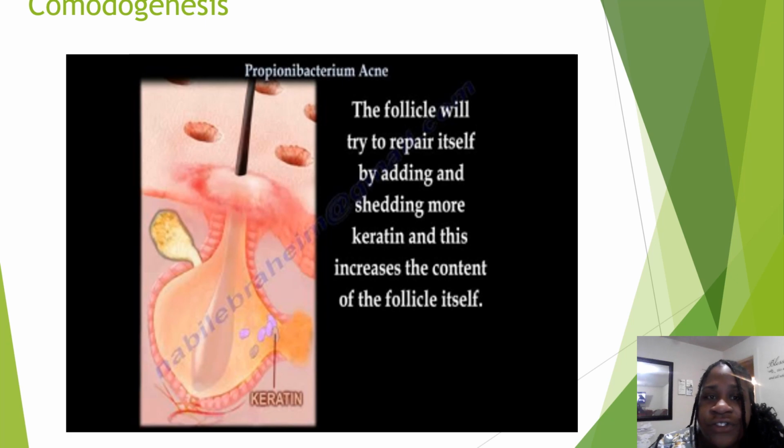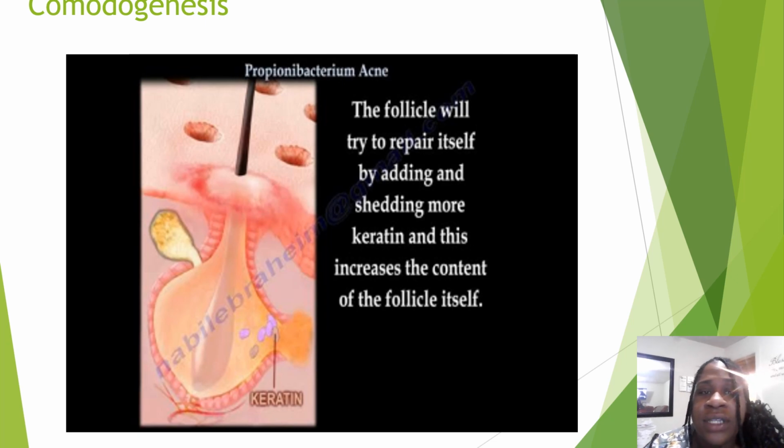This refers to the transformation of the follicle into a primary acne lesion known as a comedo. During this process, P. acnes gets trapped in layers, resulting in a microcomedo. The microcomedo then increases in size, and here you can see where it's starting to increase.